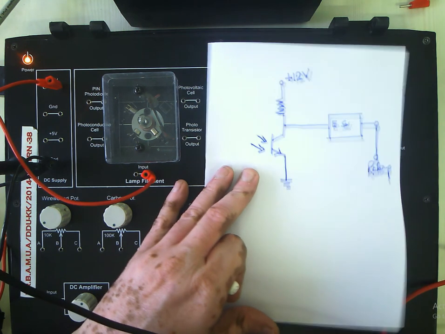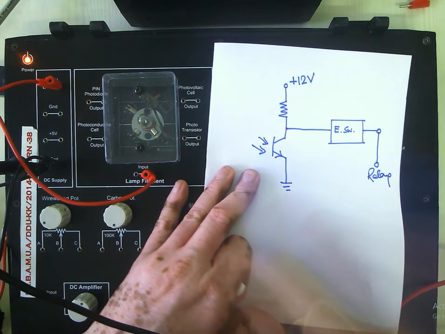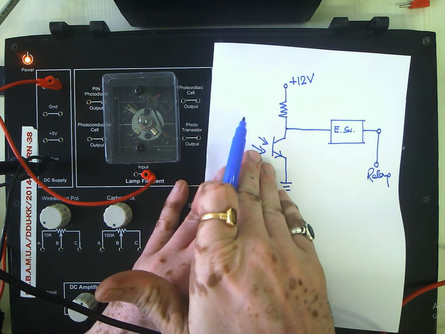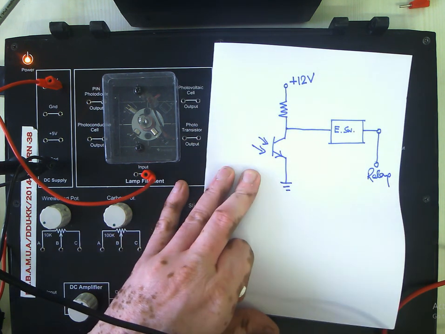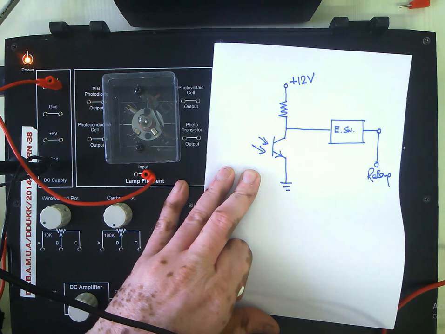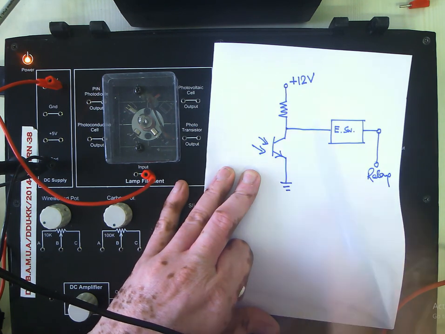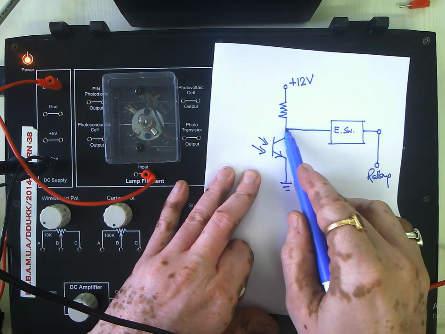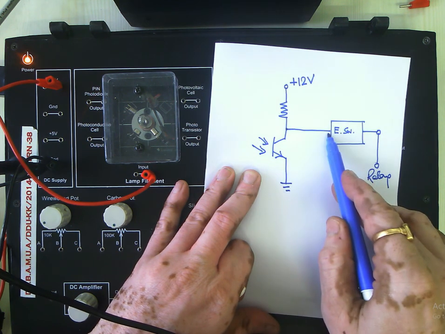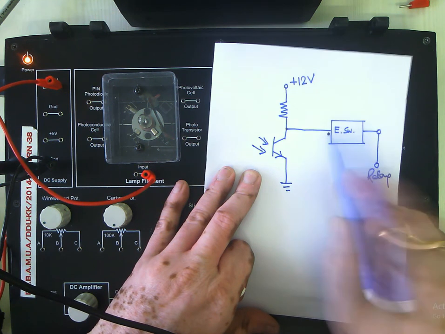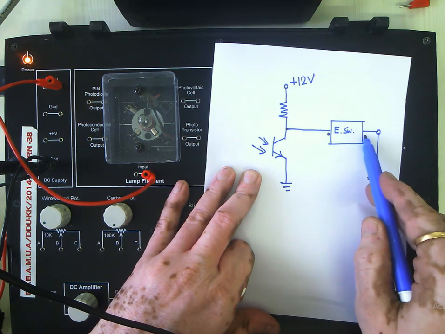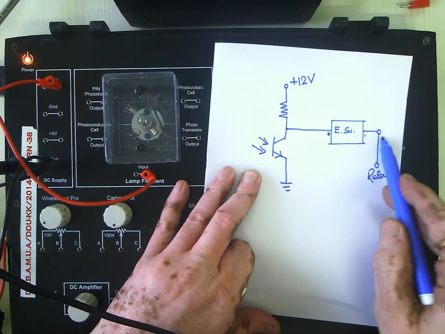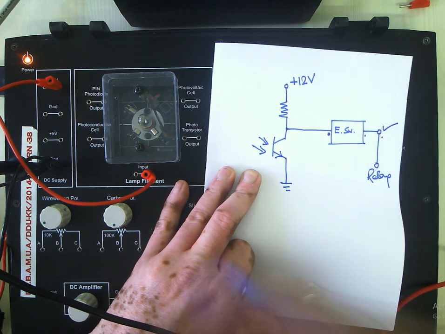Let us now try to understand the operation of this circuit. When there is no light, that is dark condition, this transistor will not conduct. So what will happen? Voltage will be available across the transistor, so that this electronic switch will be activated and you will be having a high signal here.